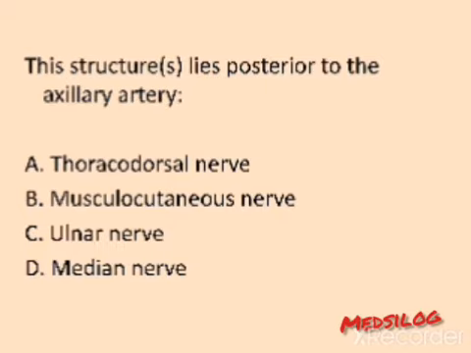Short, but this is a big artery, and it's very obvious that the correct answer is the thoracodorsal nerve, because the thoracodorsal nerve is at the posterior portion during the dissection. The ulnar nerve is located at the anterior portion. The musculocutaneous nerve is anterior, and the median nerve is centered anterior.